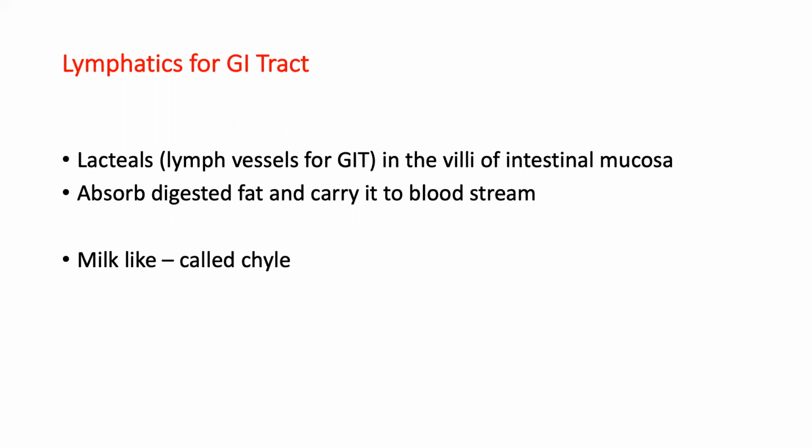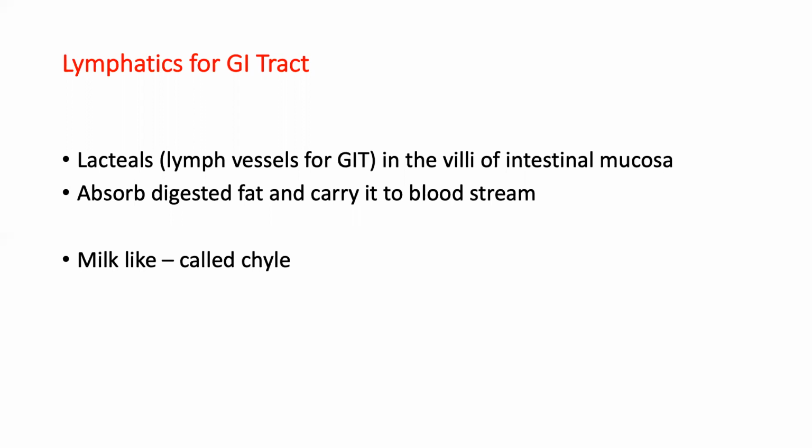Let's start with the lymphatic system for the gastrointestinal tract. So they start with lacteals. Lymphatic vessels for the gastrointestinal tract are called lacteals. Of course, they start in the villi of the intestinal mucosa.